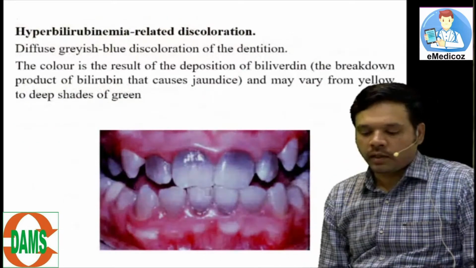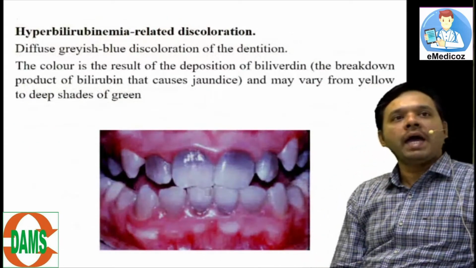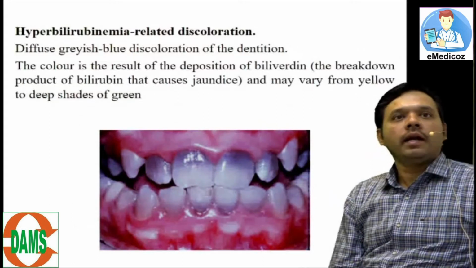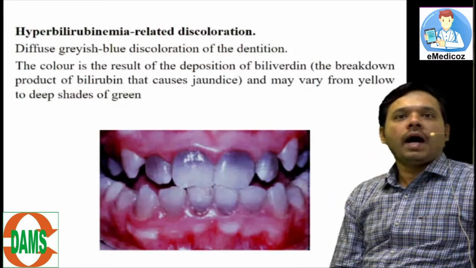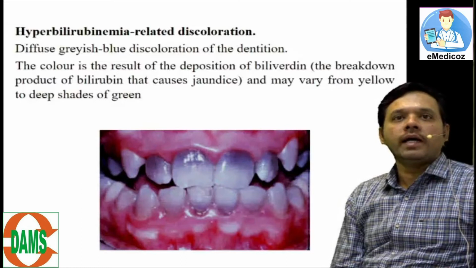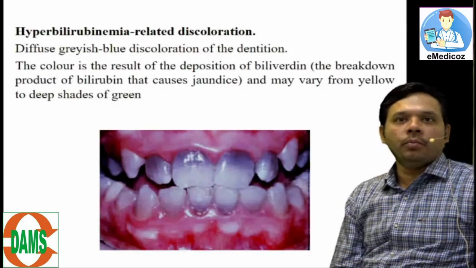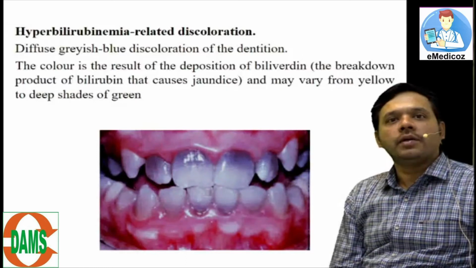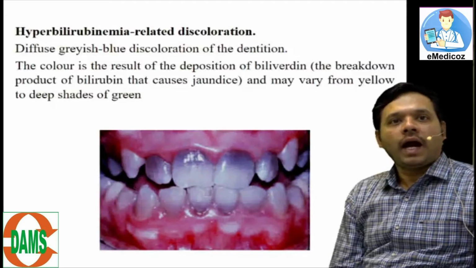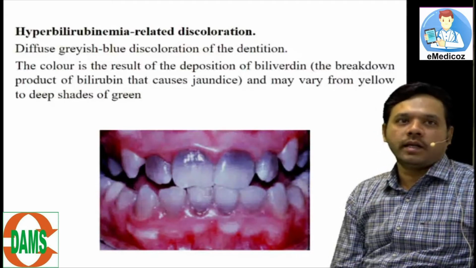There is one more important discoloration that we should know here: hyperbilirubinemia related discoloration. That means whenever RBCs are broken down more, that is, hemolysis occurs, the end product is bilirubin, and that bilirubin can get deposited within the hard tissues of the teeth and can result in discoloration.